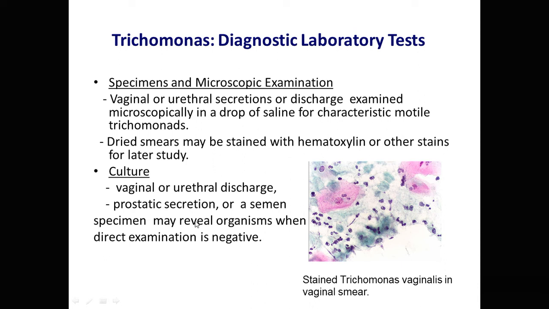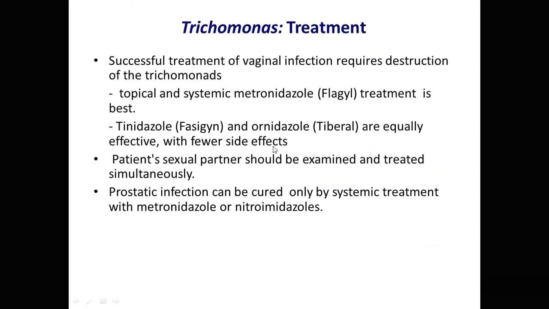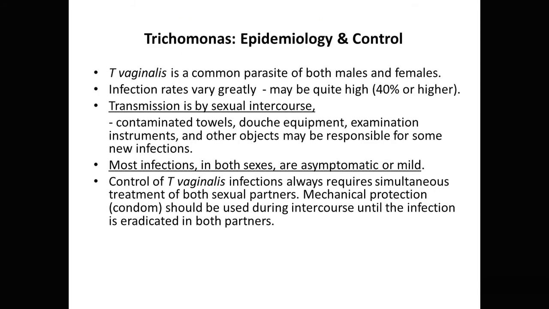Trichomonas can be cultured as well and then identified. For treatment, we use metronidazole, tinidazole, and of course, both sexual partners should be treated, even if one of the partners is asymptomatic, because there are many asymptomatic infections.